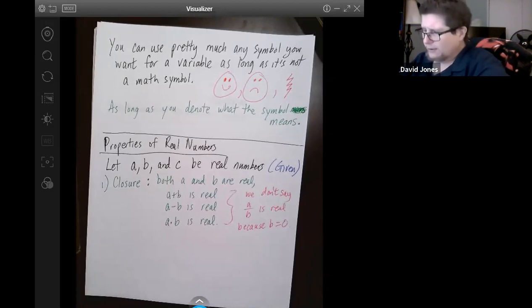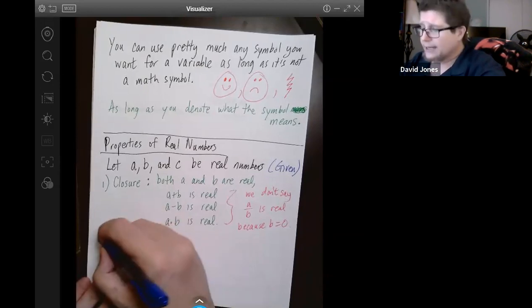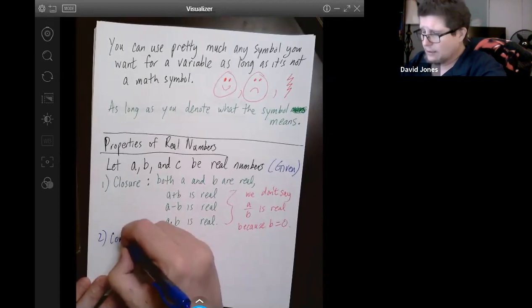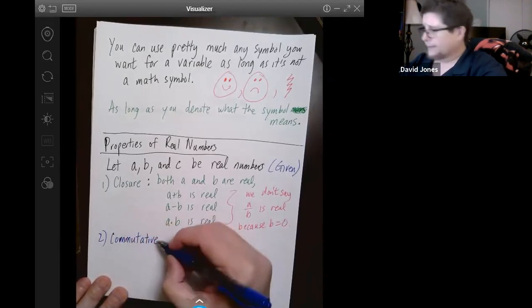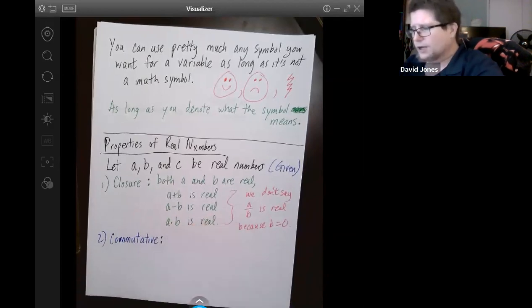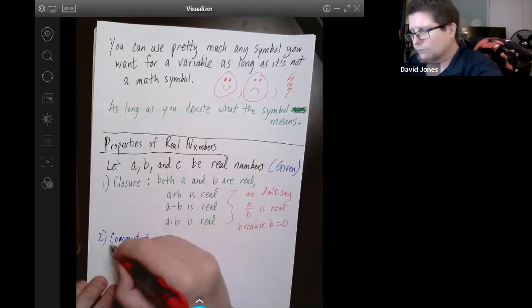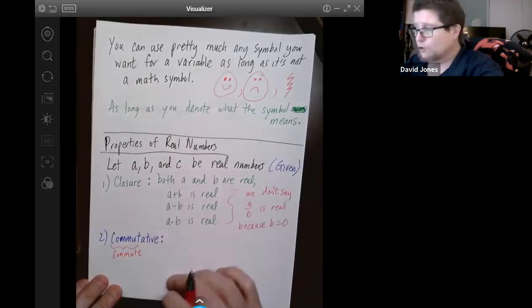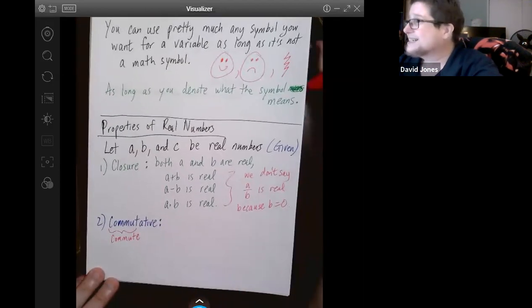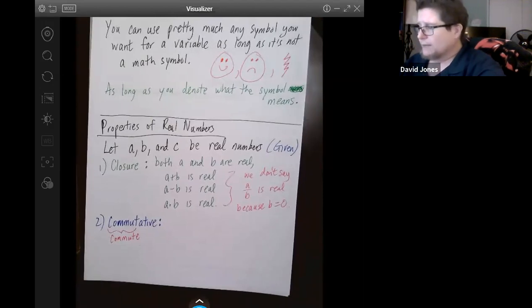That's our first rule. Our second rule is called the commutative property. And commutative looks like the root word commute. If you commute to work, you move around, you travel a distance to do it. Commuting means that things can move.